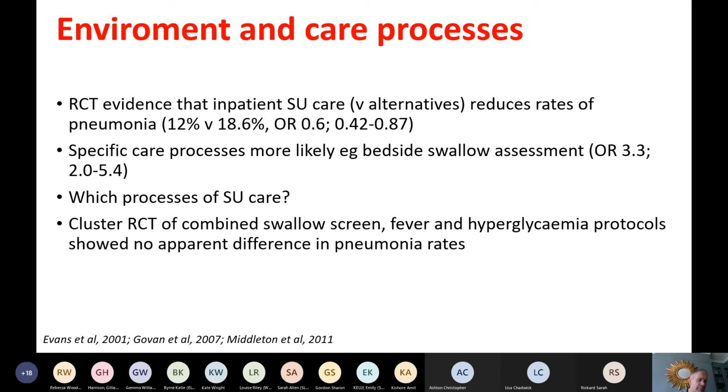It may be that now in modern stroke unit care, with the volume of thrombolysis and thrombectomy increasing, certainly in some units, getting patients better from their stroke very quickly has an impact on pneumonia prevention. But we really still know very little about what actually happens on stroke units that can prevent pneumonia, and there's still a large amount of work to be done here.